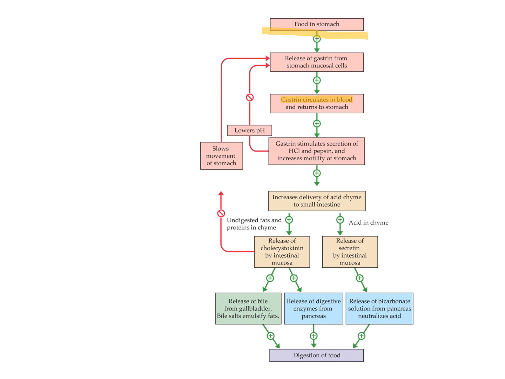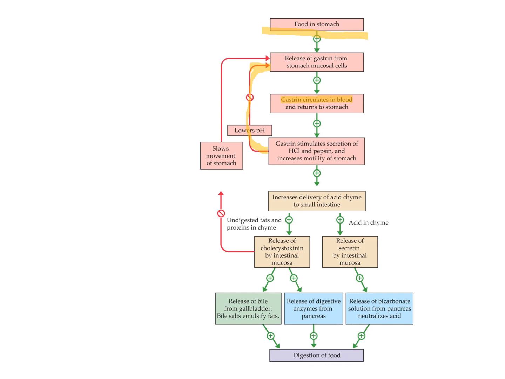The hydrochloric acid, of course, will activate pepsinogen to pepsin. You'll get a lower pH, and that has a negative feedback effect on release of more gastrin. Once the pH drops enough, the gastrin release is inhibited.